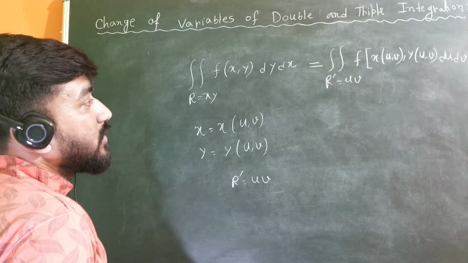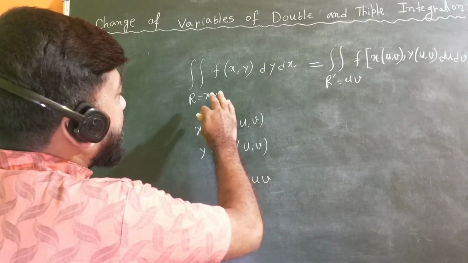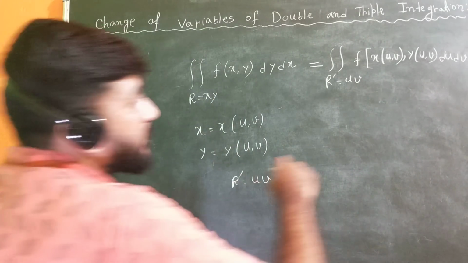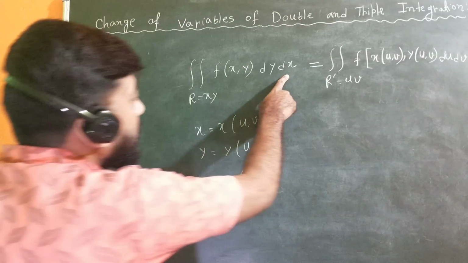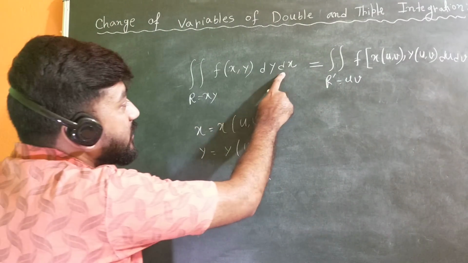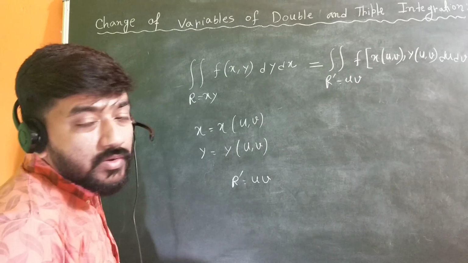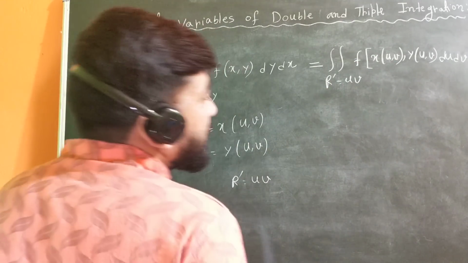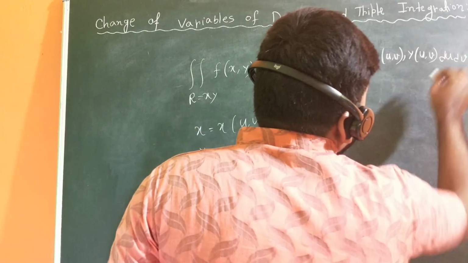But keep one thing in mind: we cannot take only du dv instead of dy dx. There will be another term called the Jacobian.